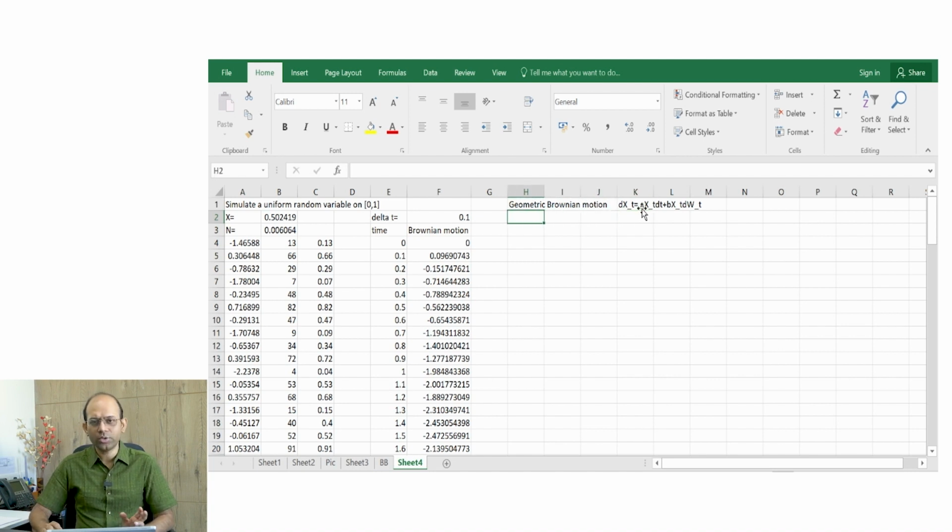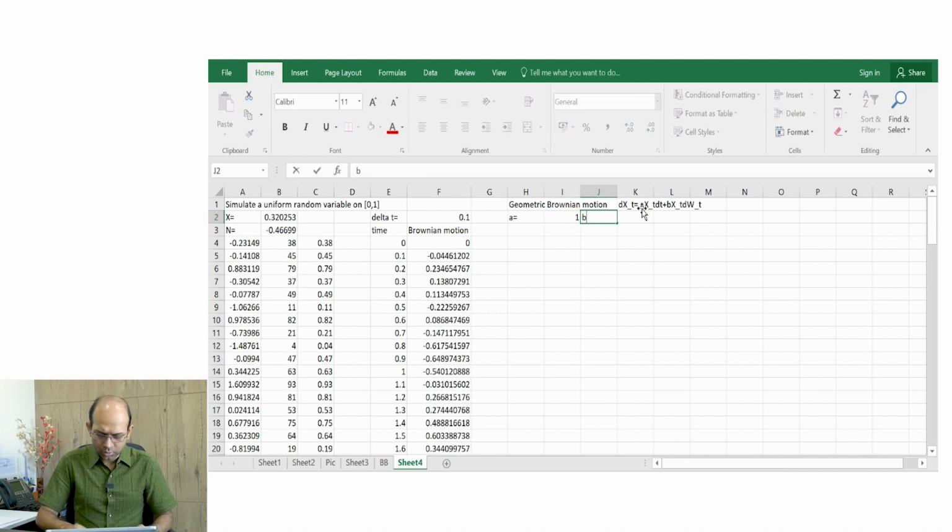As before, we have to specify what values of a and b we are going to select. So let us write those down. Say a is equal to 1, and b is also equal to 1.